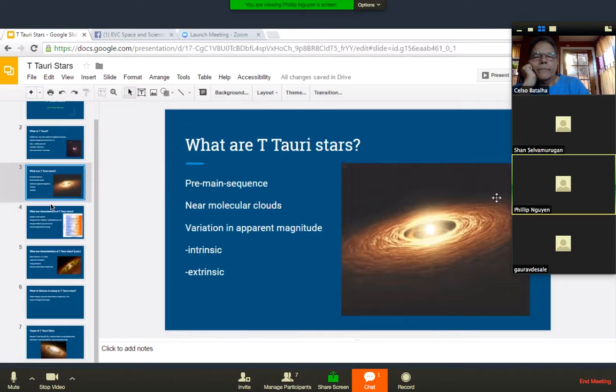Yeah, there you go. So the intrinsic is when the star itself changes its luminosity because of pulsation. You can see this type of phenomenon happening in RR Lyrae or Cepheids, or any star that undergoes a change in its physical volume.